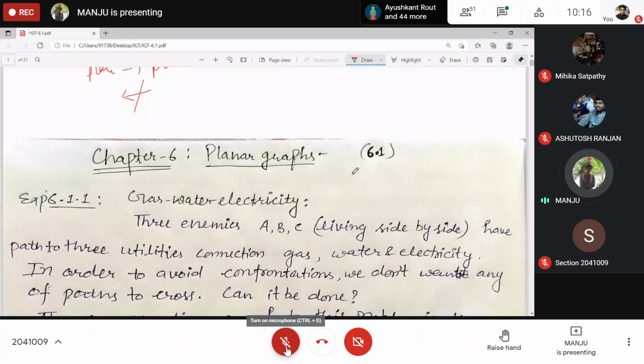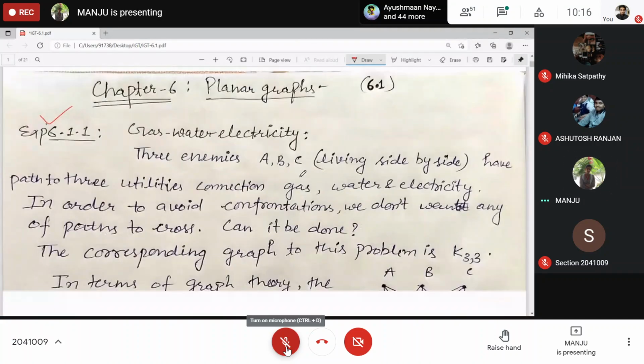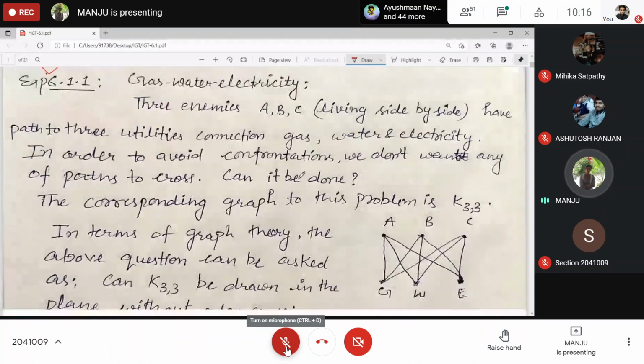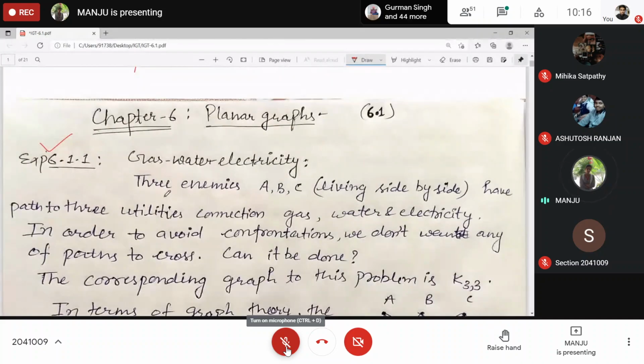There is an example. It says three enemies A, B, C living side by side need paths to three utilities: gas, water, electricity. In order to avoid confrontation, they don't want to cross any path.